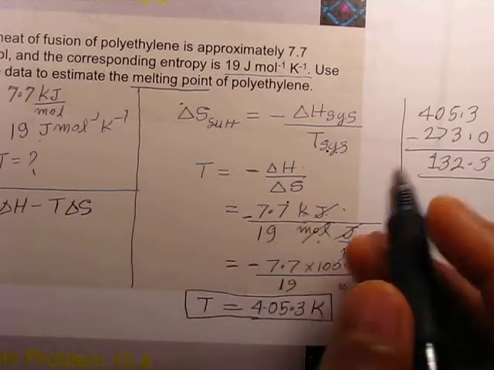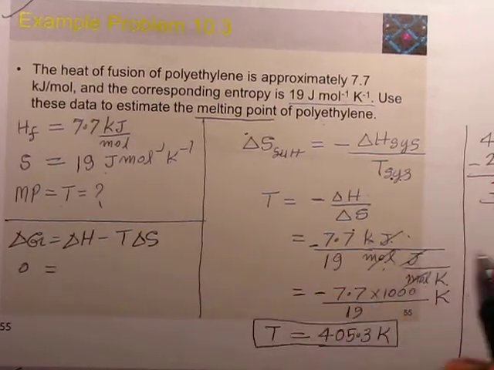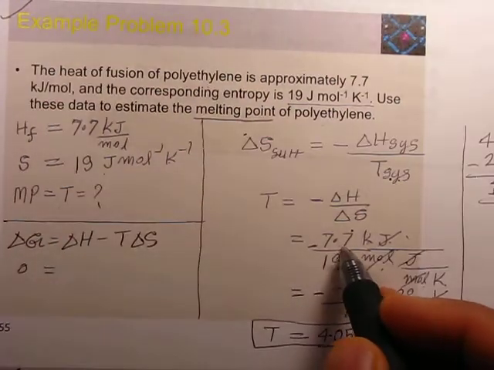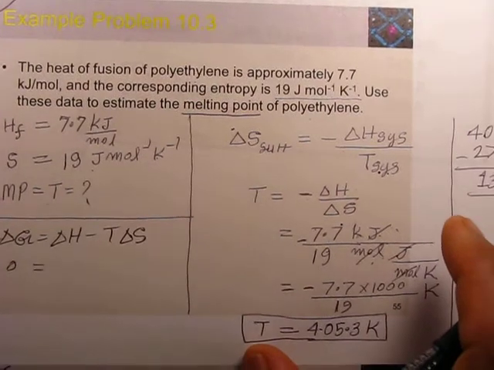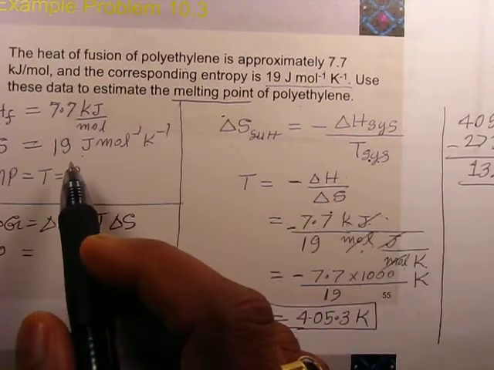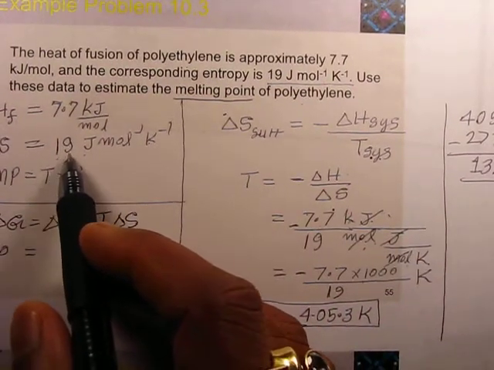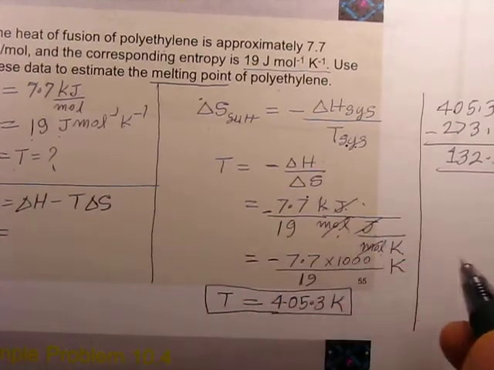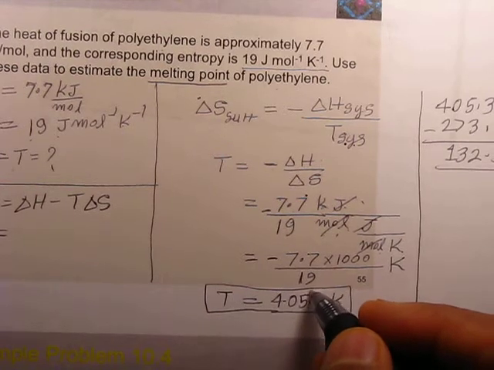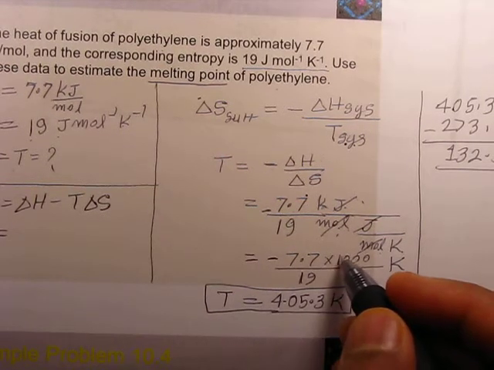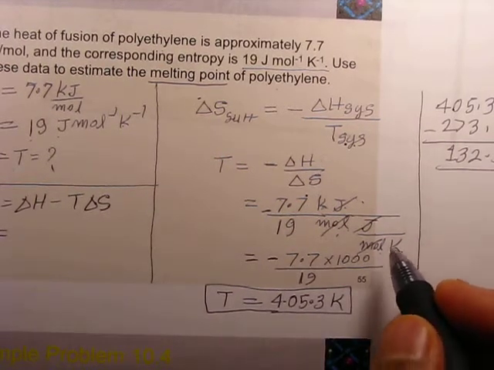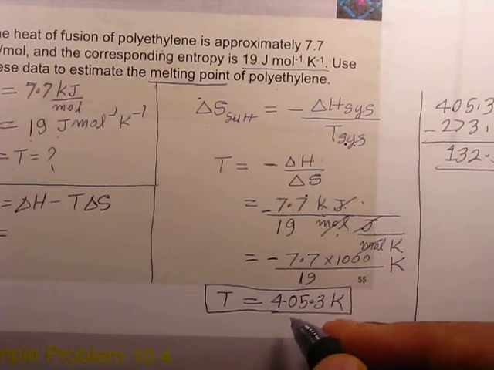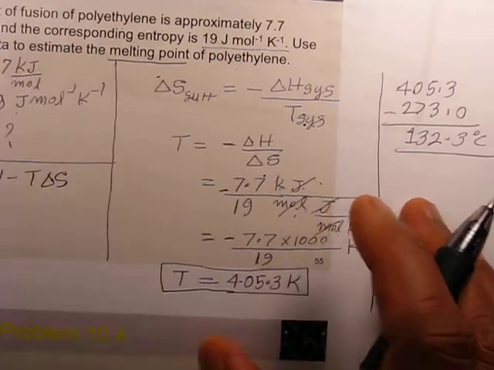The heat of fusion is 7.7 kilojoule per mole, and the entropy is given as 19 joule. But we have to convert this 19 joule into kilojoule, so we divide, or we can multiply on the top. Then we can cancel out the common units, and we end up with the temperature in Kelvin.